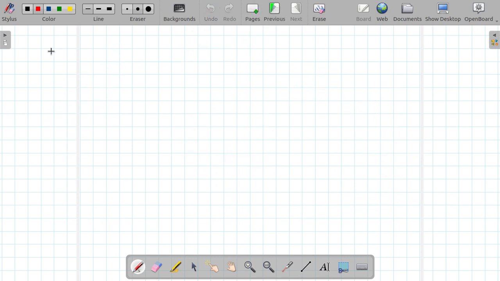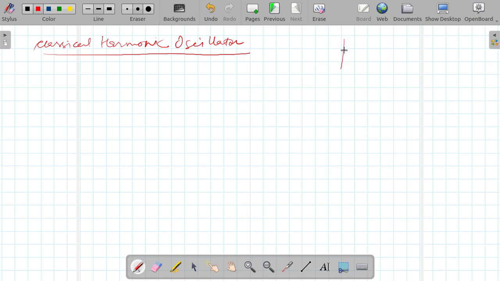So this is a classical harmonic oscillator. Say it is a mass m, attached to a spring whose spring constant is k. Then the system is set to execute simple harmonic motion.